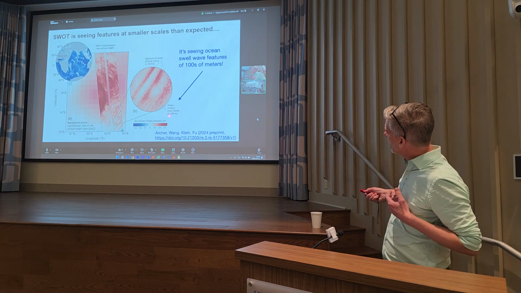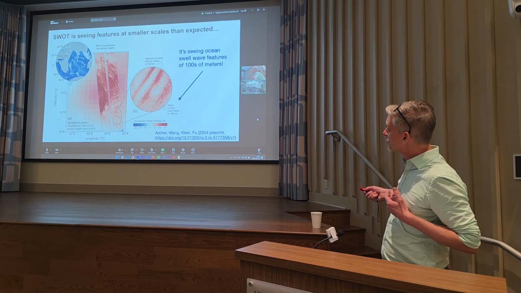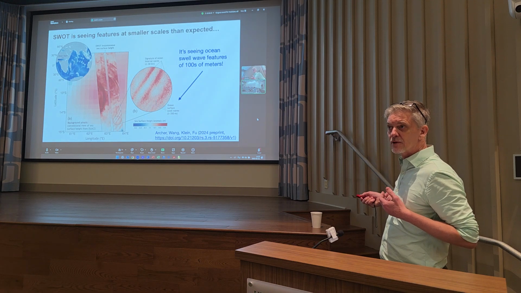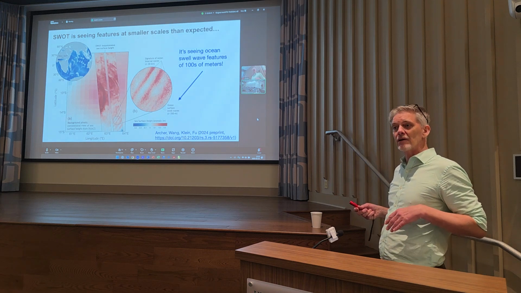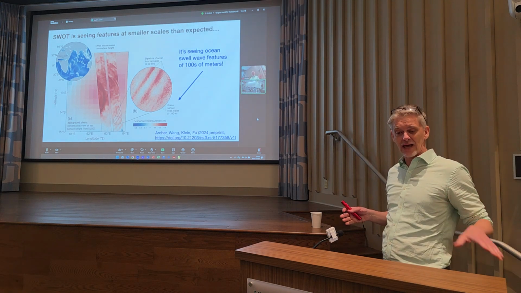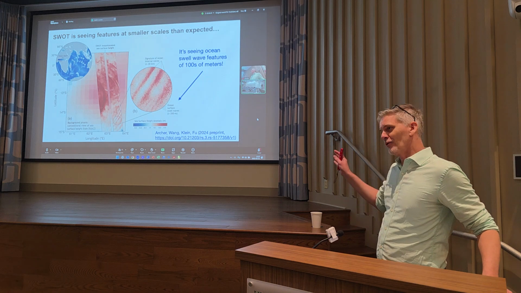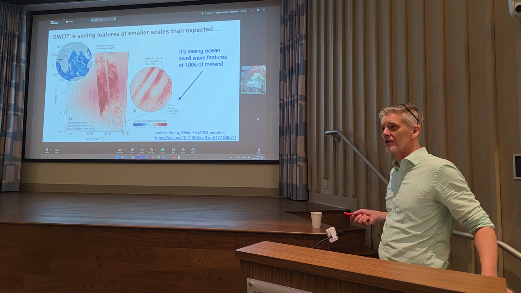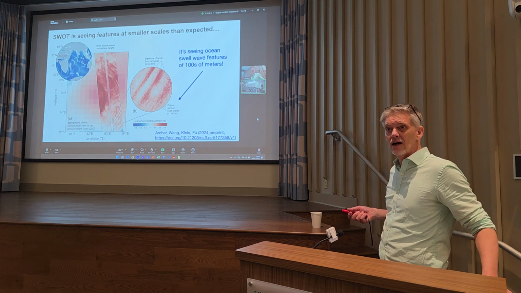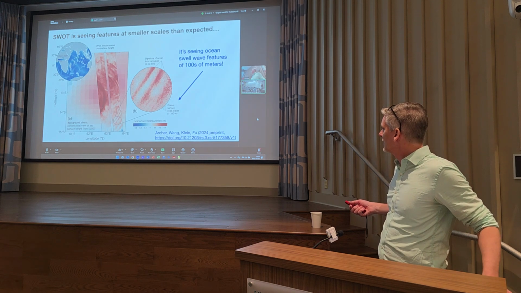Those features are swell, and they have wavelengths of about 350 meters. You don't always see things this clearly, and we have been looking at the data with the postdoc, and they did have to work a little bit to pick a nice example here, but in many cases you will see extraordinarily finely detailed structures in this data. Very cool.